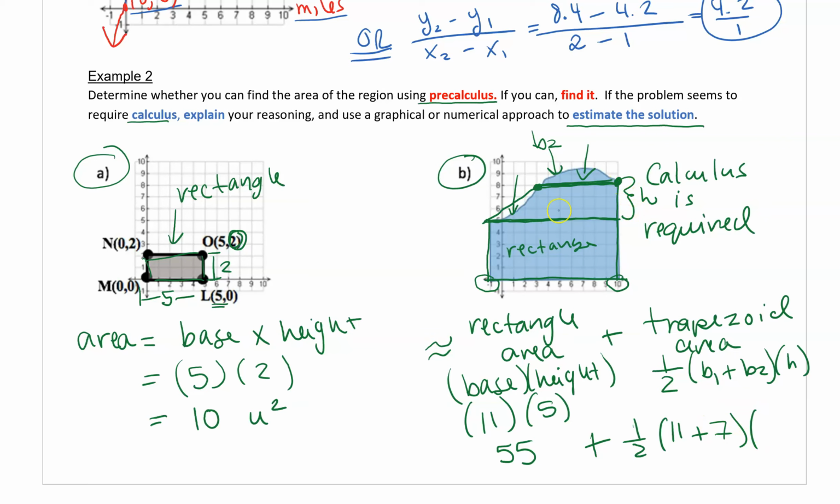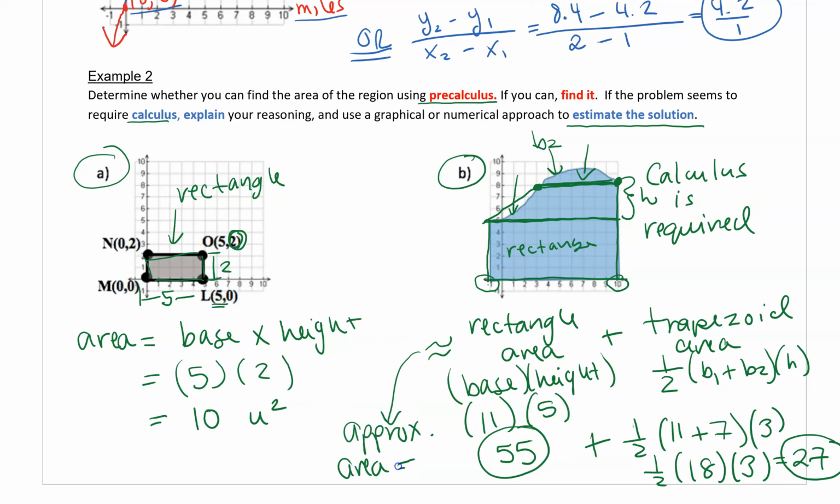And then my height goes from 5 to 8, so it's 3. So this would end up being half of 18 times 3, or 9 times 3, which is 27. So if I add the 27 to the 55 for my approximate area, I get 82 units squared.